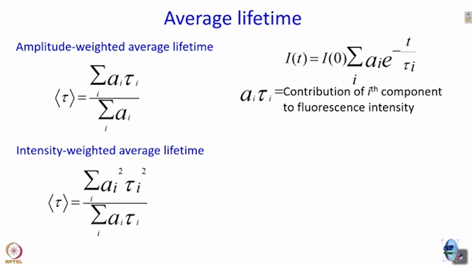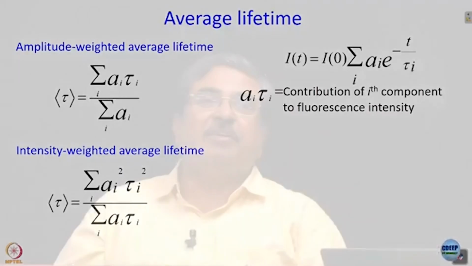It is related to the area under the curve, but then from here trying to work out the radiative rate constant and non-radiative rate constant is not a very sensible thing to do, because after all you are saying that different lifetimes are associated with different processes, which would have different non-radiative or radiative constants.